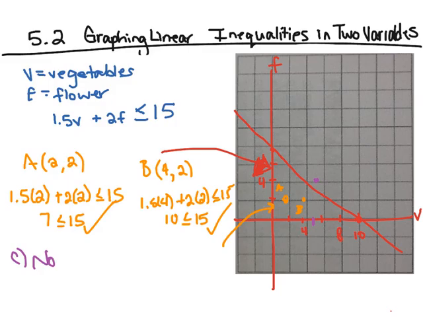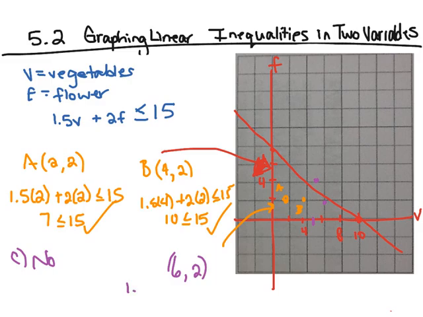And what is the most money Carmen can spend? So we want to choose a point that's really close to the graph and not touching. So let's go here. So that looks to be about 2, 4, 6, and 2.